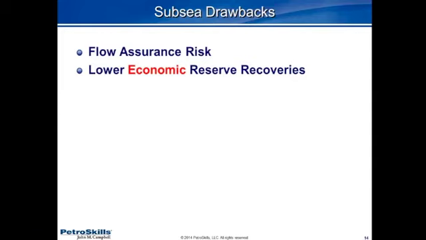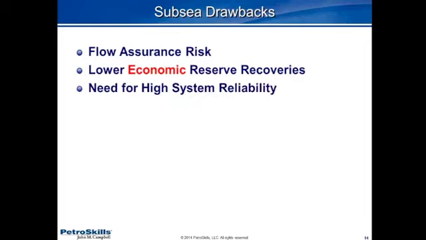Thus the ability to pay for the rehabilitation of a well with relatively small production is reduced for subsea wells, and consequently reserves that might notionally be recoverable from a direct vertical access system have to be abandoned with a subsea system.